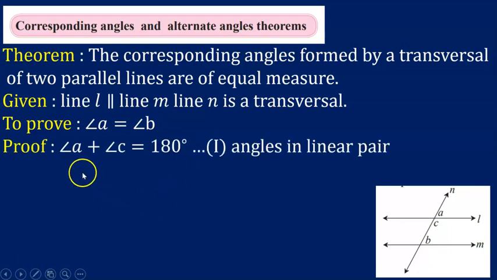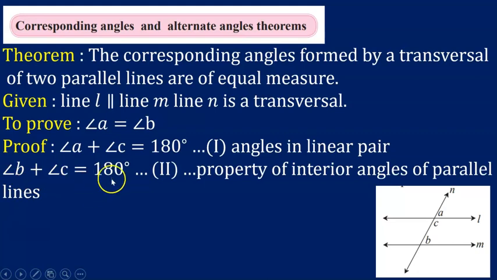Proof. The measure of angle A plus the measure of angle C is equal to 180, because they are angles in a linear pair. Next, the measure of angle B plus angle C is equal to 180, as these are two interior angles, a property of interior angles of parallel lines. This is the first and this is the second.